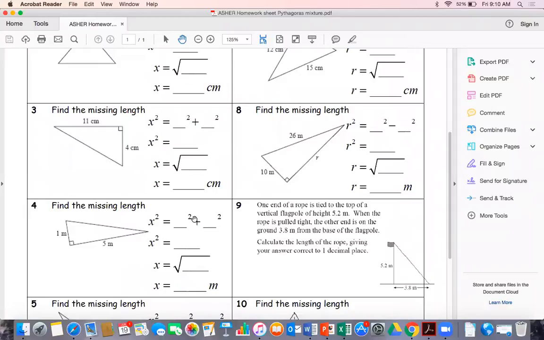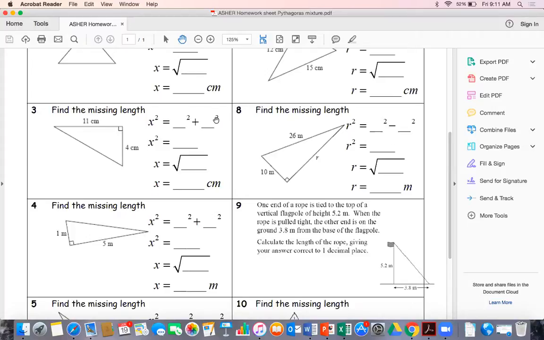Okay, next, find the missing length for number 3. Sureka? Sure, I didn't do this. Okay, tell me your answer. What will it be, this blank? 11 square plus 4 square. What do you get? 44.